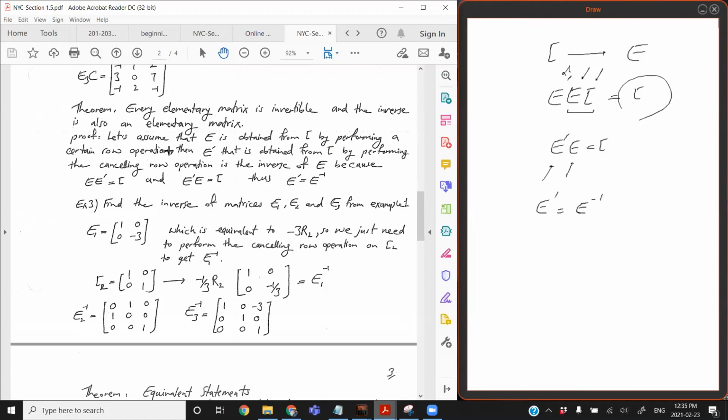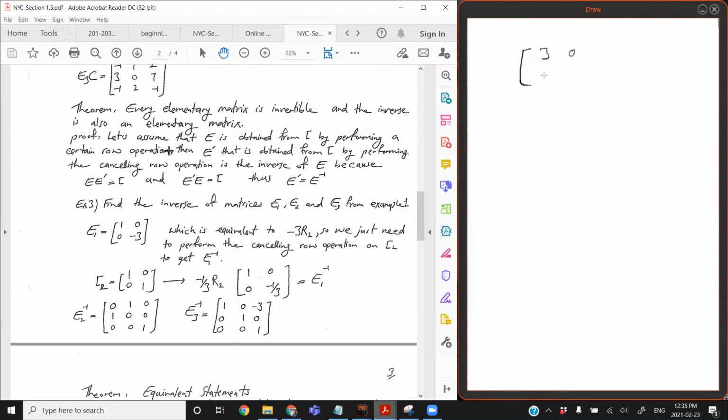And it's also very easy to find the inverse of an elementary matrix. For example, if I have this elementary matrix, let's say 3, 0, 0, 1. You agree that this is an elementary matrix because I obtained this from I by doing this row operation, 3 times row 1. Just imagine you have I2, which is 1, 0, 0, 1.